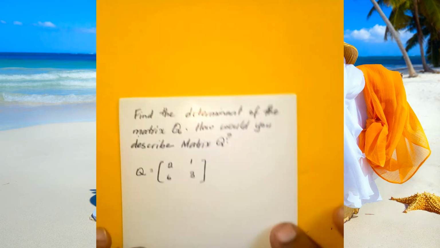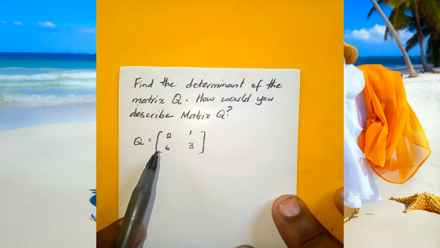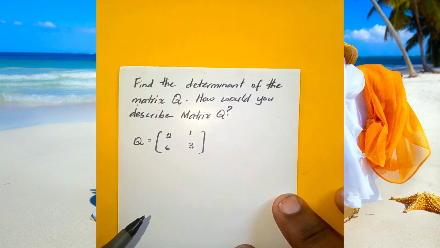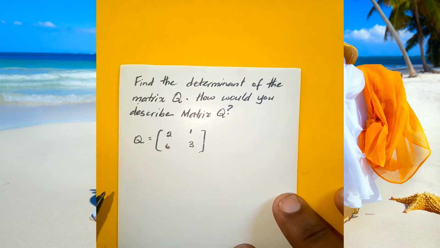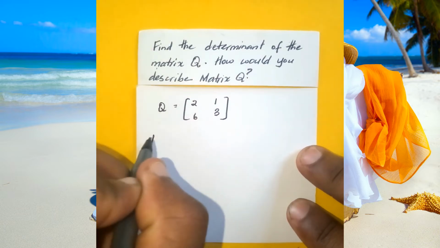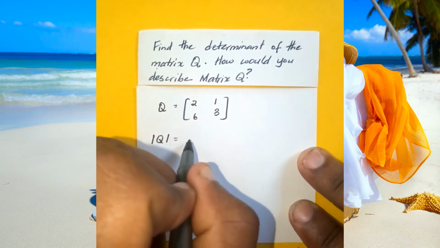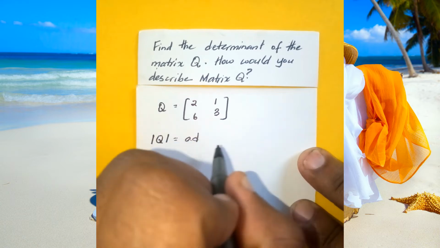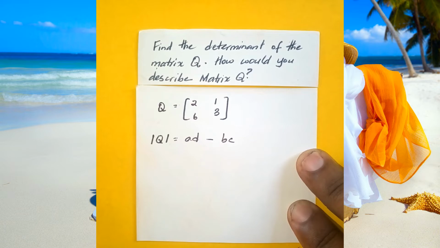example. So here it is, we have another matrix and the instruction says find the determinant of the matrix Q, and this is Q. So number one, we need to find the determinant of Q. And then it asked us would we describe matrix Q. To find the determinant, which is absolute value of Q, is equal to, you say, A times D minus B times C. And I'm going to label my ABCD values.